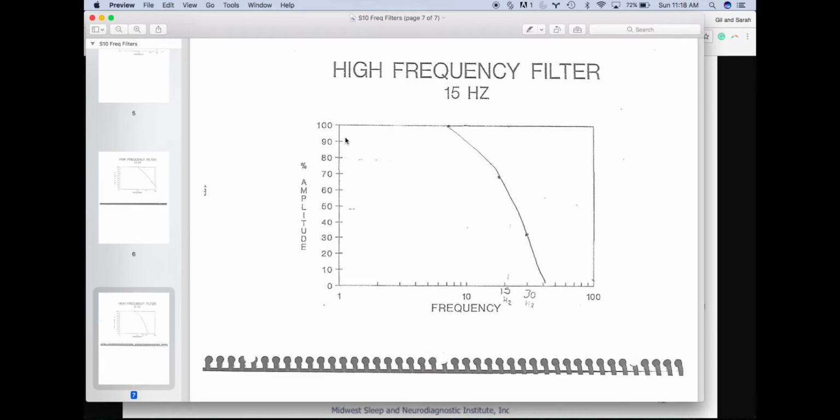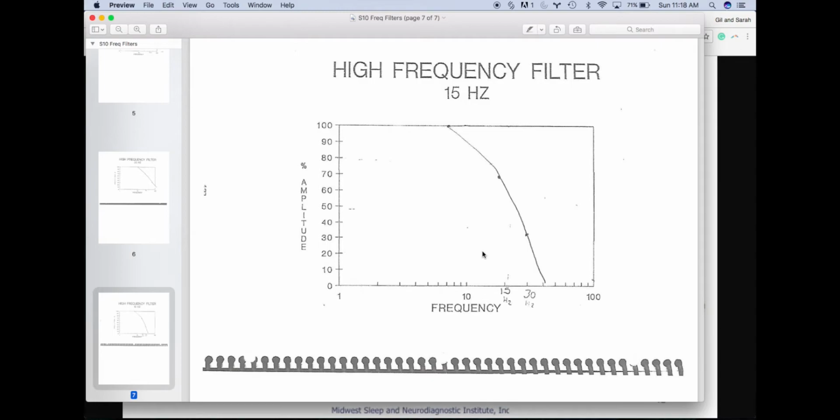Now, if you add a frequency filter, it is going to attenuate the amplitude, and it's not going to be 100%. In this case, with a high frequency filter of 15, it's going to be 70%. It's going to attenuate 30% of that wave at a 15 hertz frequency.